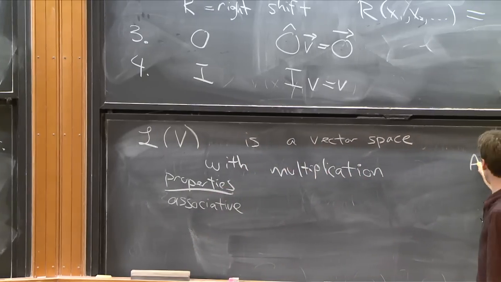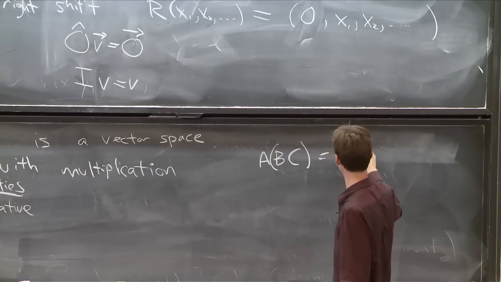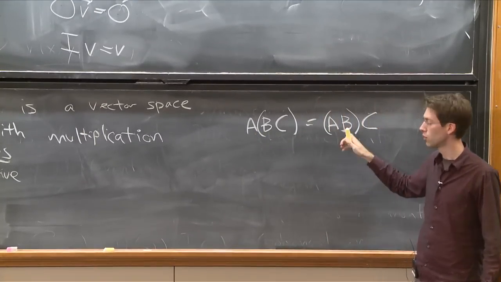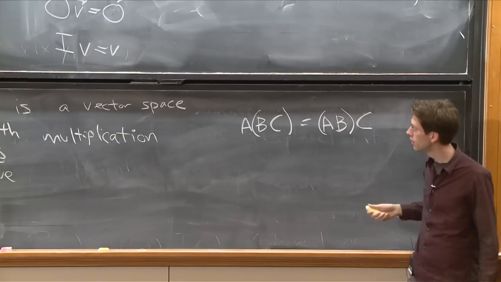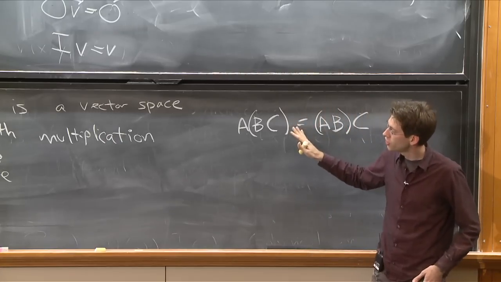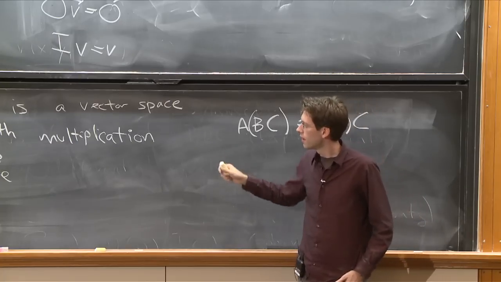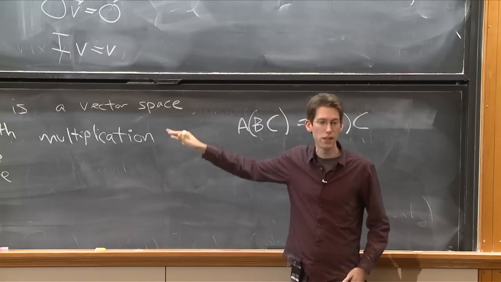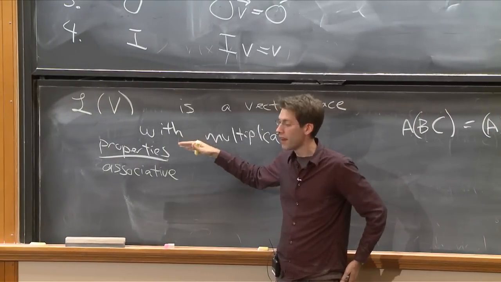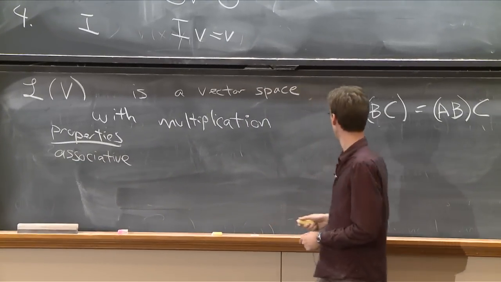So if we have A times BC, it is equal to AB times C. The way we can check this is just by verifying the action of this on any vector. An operator is defined by its action on all of the vectors in a vector space.